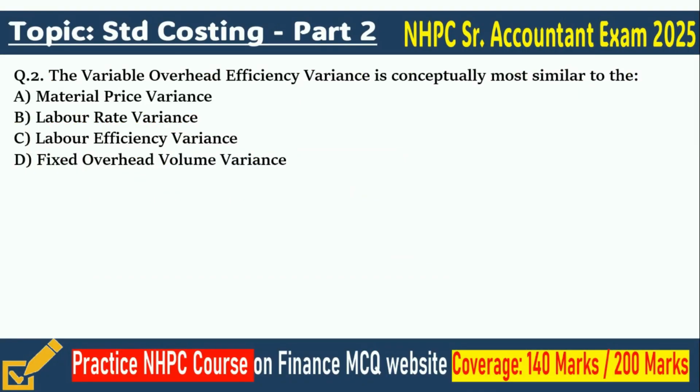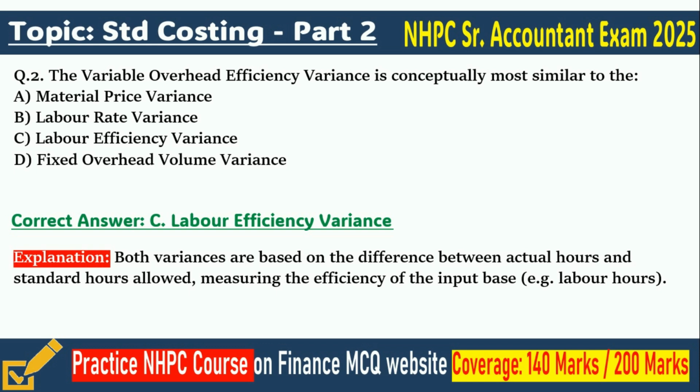The variable overhead efficiency variance is conceptually most similar to the option A, material price variance, option B, labor rate variance, option C, labor efficiency variance, option D, fixed overhead volume variance. So what should be the correct answer here? Friends, the correct answer is labor efficiency variance, because both variances are based on the difference between actual hours and standard hours allowed, measuring the efficiency of the unit base, for example, labor hours.